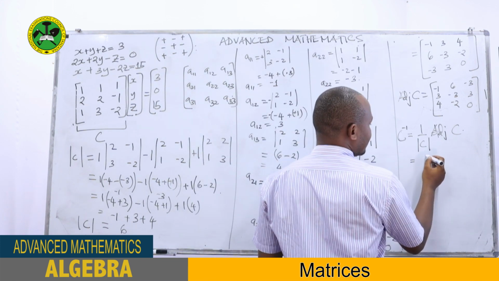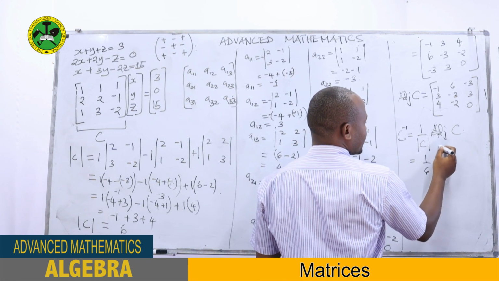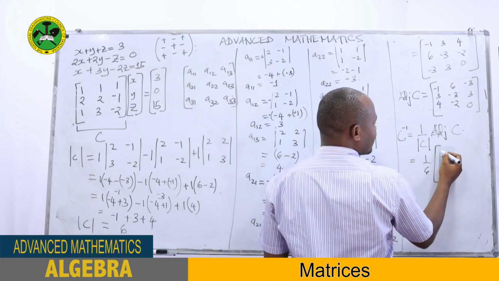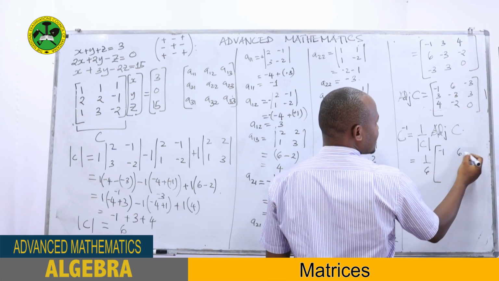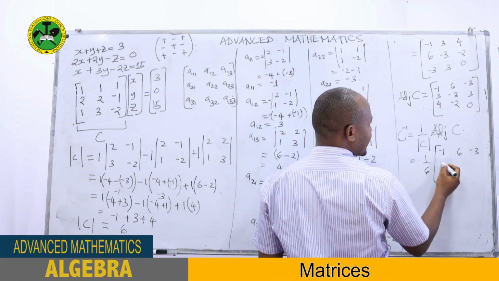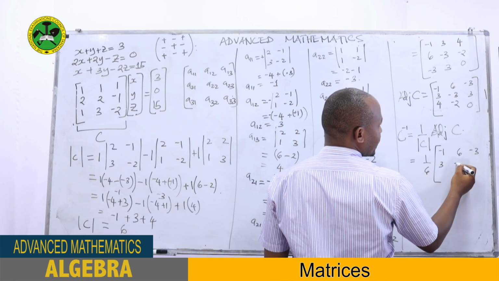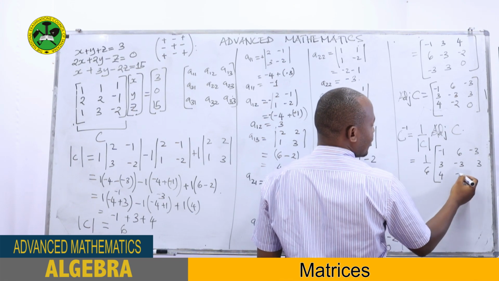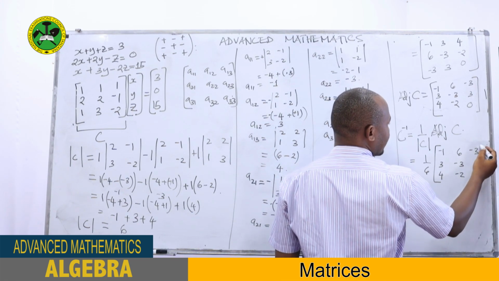That means we have 1 over 6. And we have to multiply with this adjoint matrix: negative 1, 6, negative 3, 3, negative 3, 3, 4, negative 2, 0.